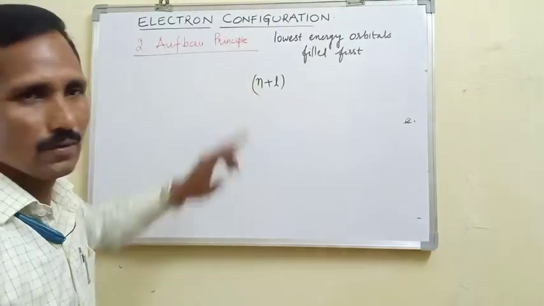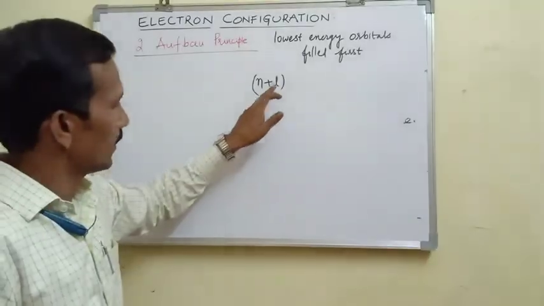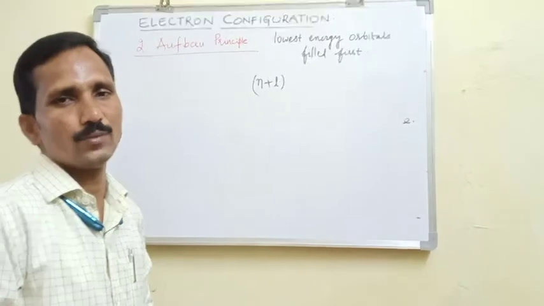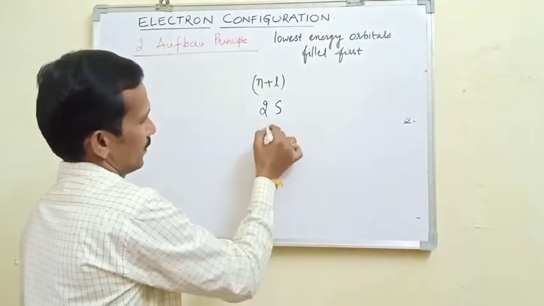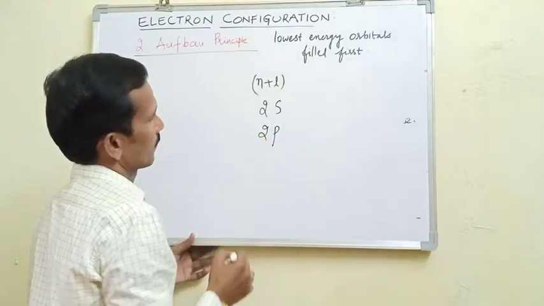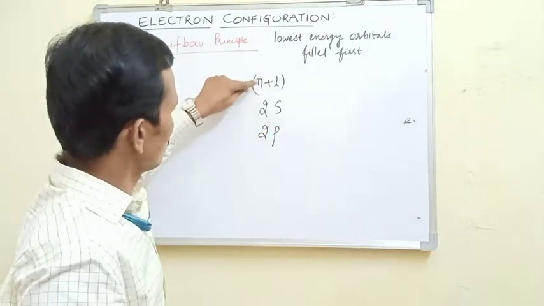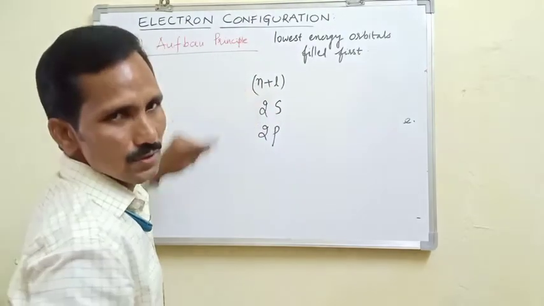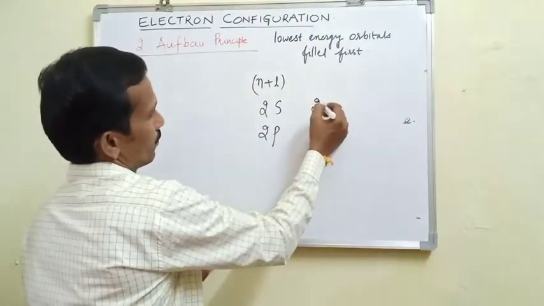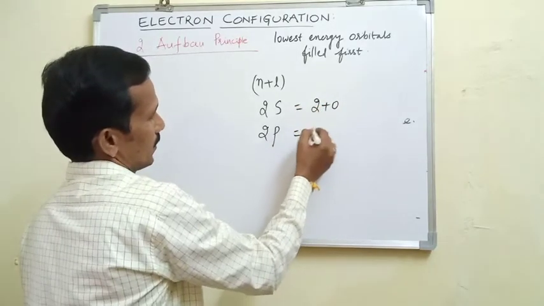n means the principal quantum number. Here l indicates the angular momentum quantum number. Suppose 2s or 2p is there, the n value is 2. For an s orbital the l value is 0, so 2 plus 0 is 2.